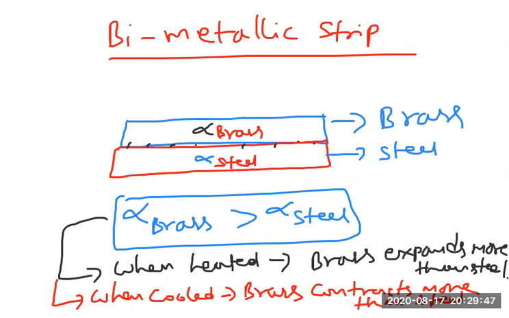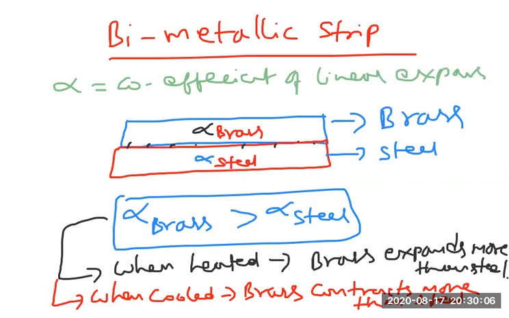Alpha means the coefficient of linear expansion. So the coefficient of linear expansion of brass is greater than steel, which means when heated brass expands more, and when cooled brass contracts more. This is the information provided by the bimetallic strip.